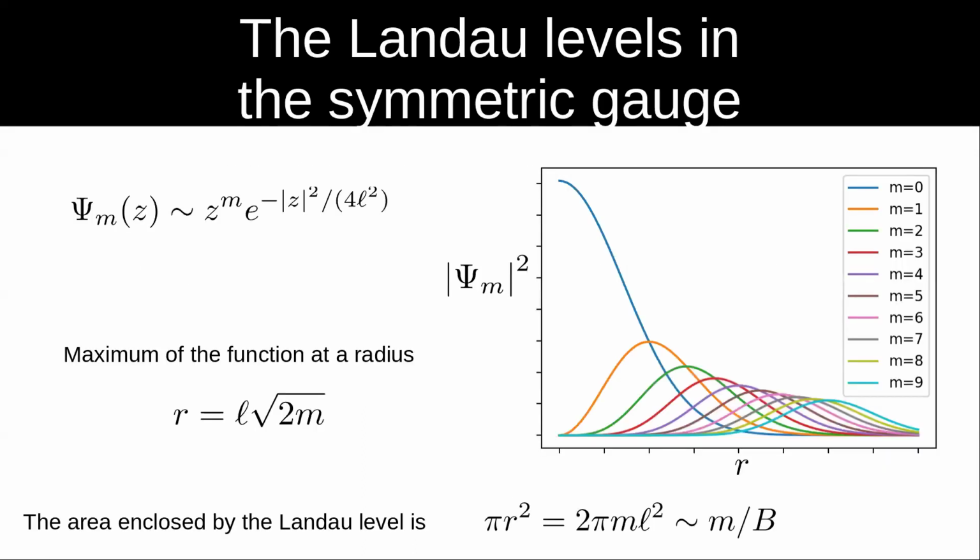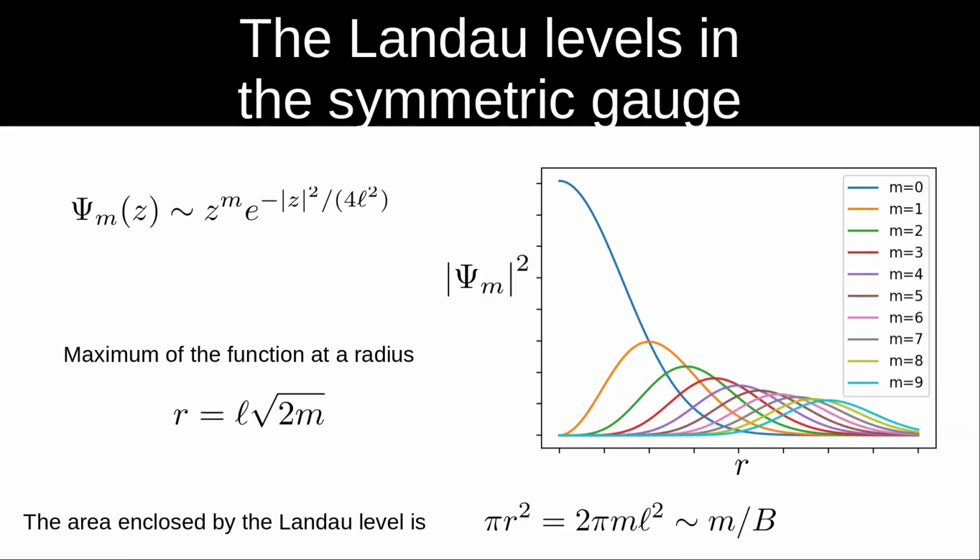Now, if you consider a certain number of zeroth Landau level wave functions, you can see some very interesting properties of this wave function. In general, the wave functions of the zeroth Landau level were Z to the m times the Gaussian envelope. And what you see is that the bigger the m, the further the maximum of your wave function is.